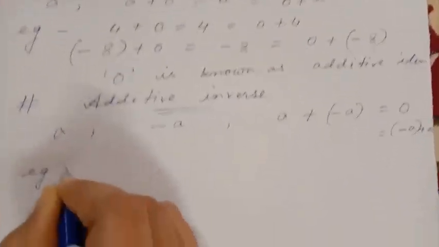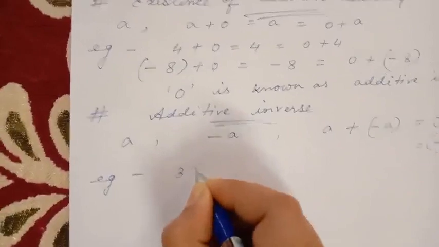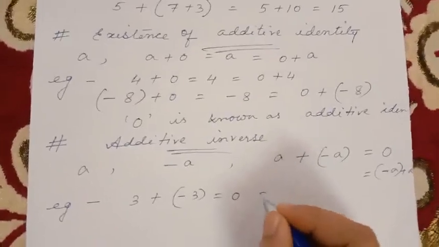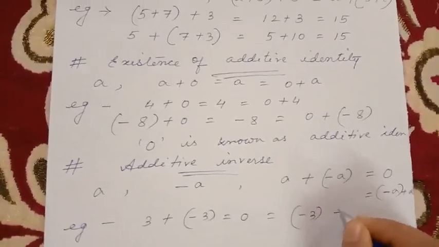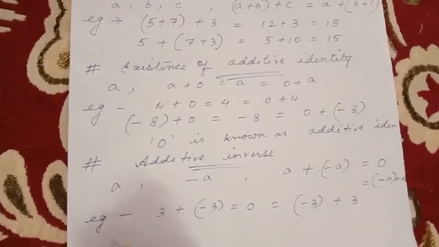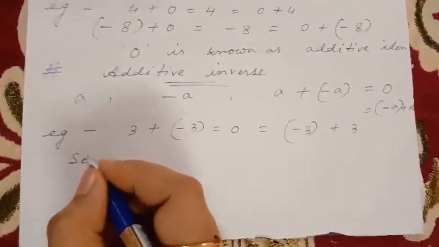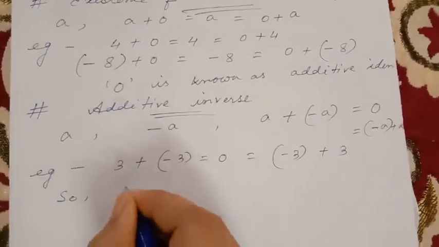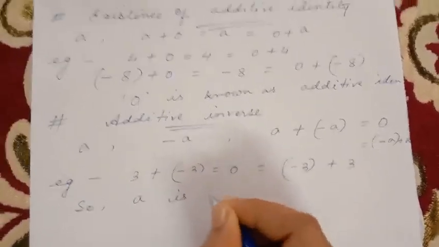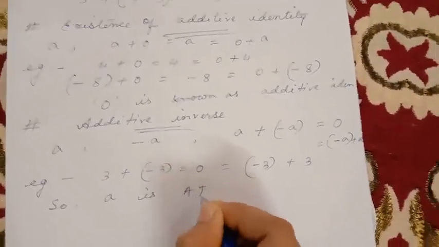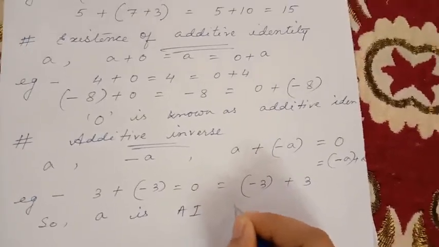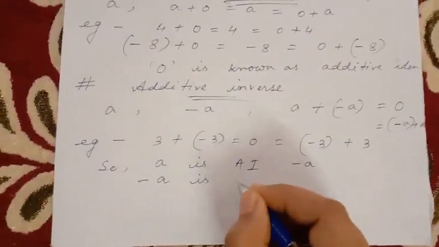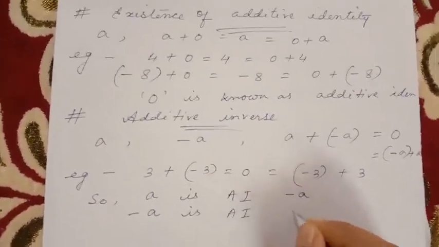For example, 3 plus minus 3 equals 0, that equals minus 3 plus 3. So a is the additive inverse of minus a, and minus a is the additive inverse of a.